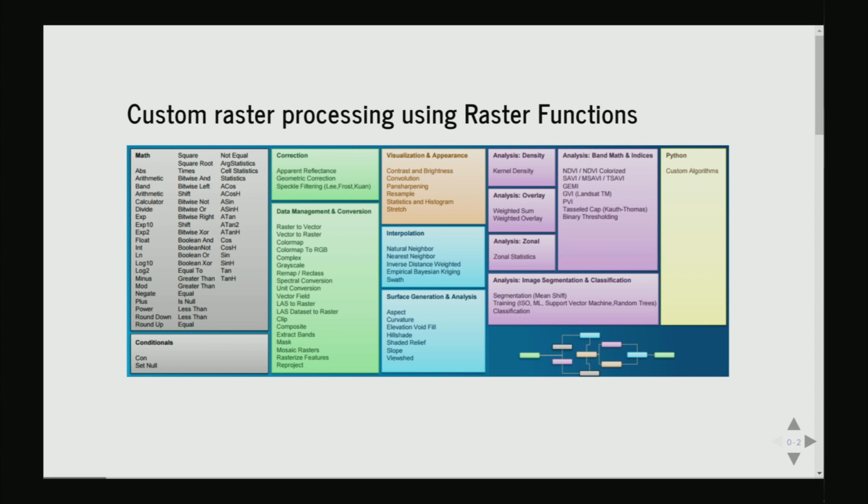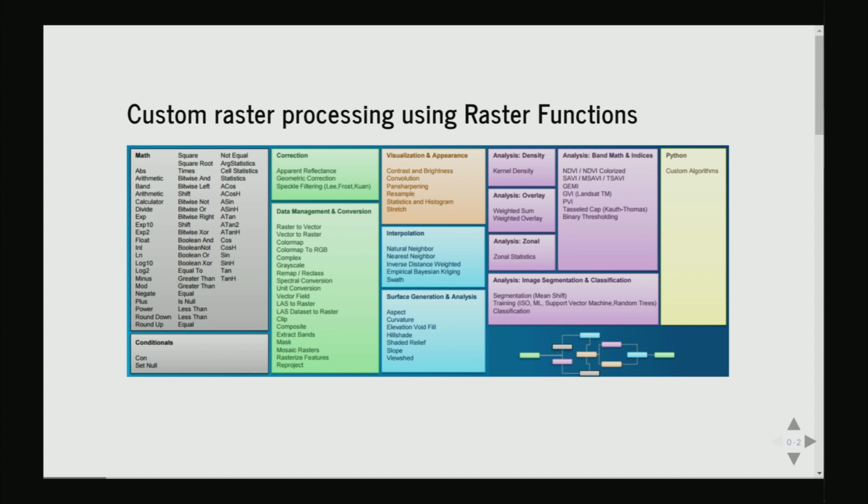It includes data management and conversion, like remap, clipping, creating masks. You get functions for visualization, the stretch, the percentage clip stretch you want to do, pan sharpening, interpolation, surface generation, and terrain analysis.